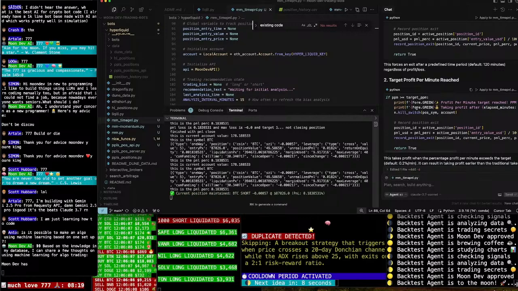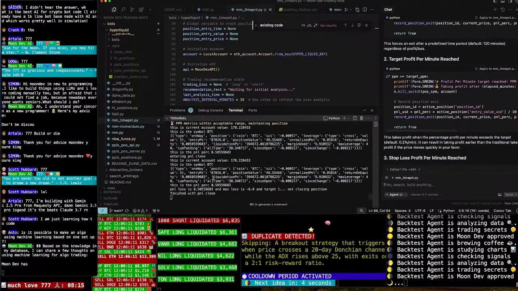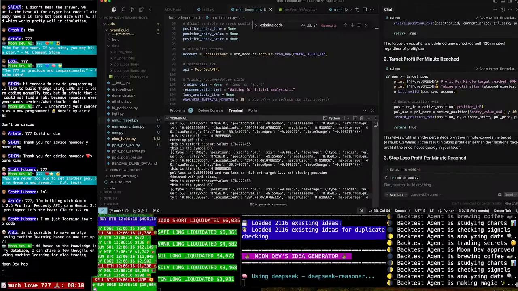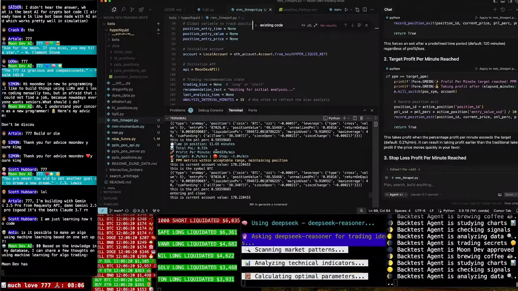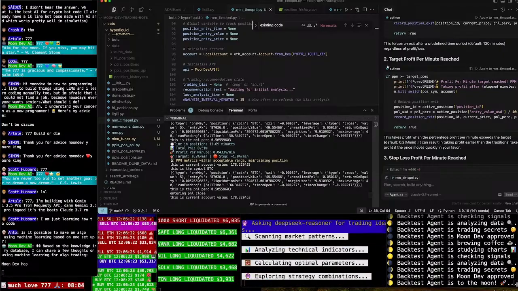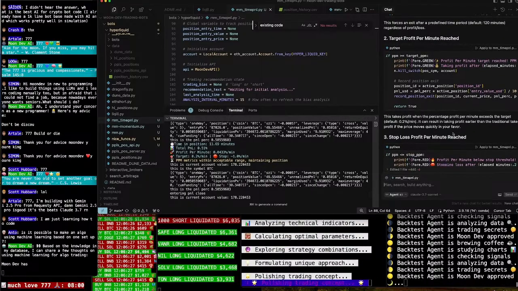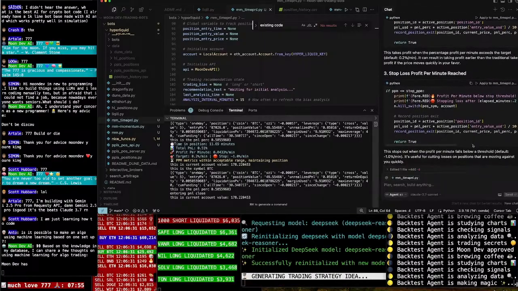If that's the case, it hits the kill switch and records the position. This is the P&L percentage, 0.5. What's my PPM? My PPM is 0.043. This takes profit when the percentage profit exceeds the stop loss here. Okay, perfect. This is using my kill switch.